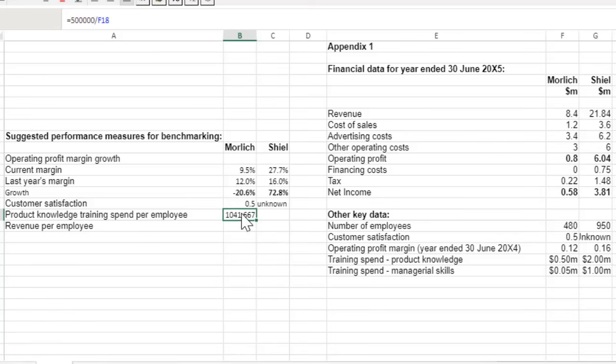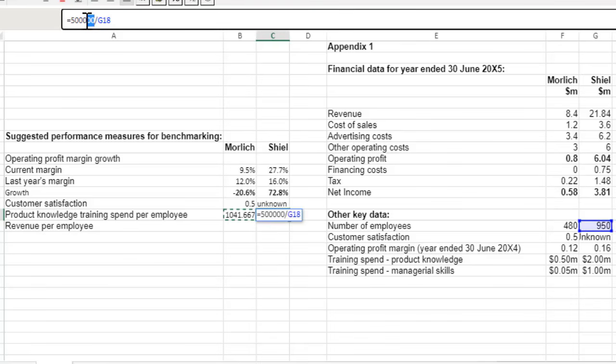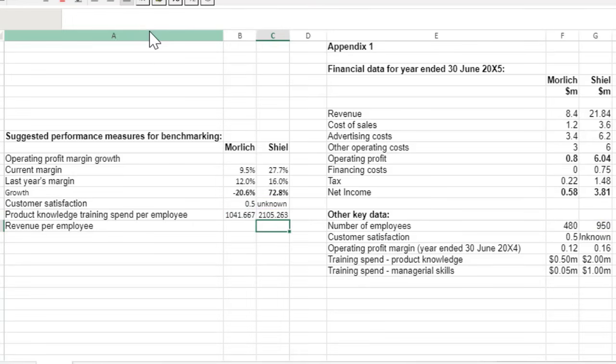And if I copy that over and change out the numerator to the spend from the competitor, which is 2 million. And we have that. Product knowledge training spend.